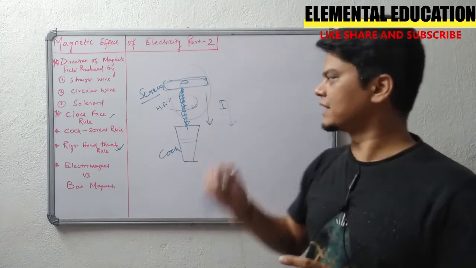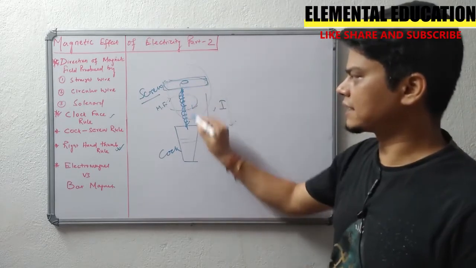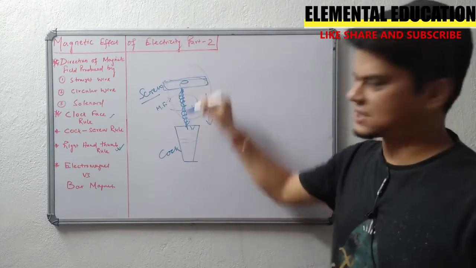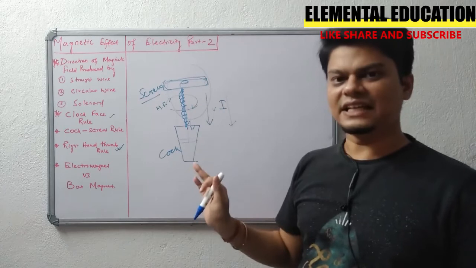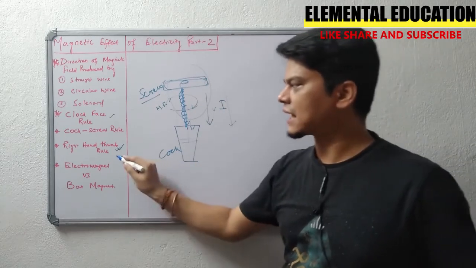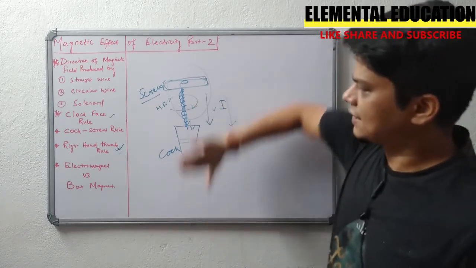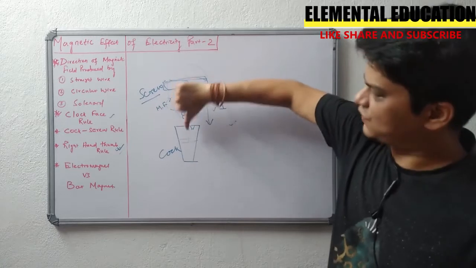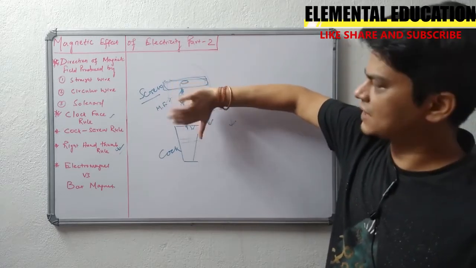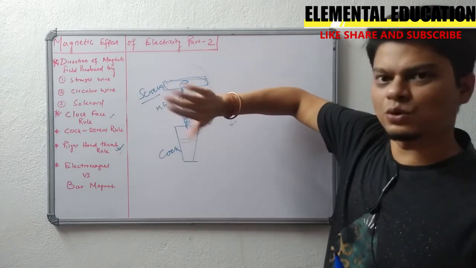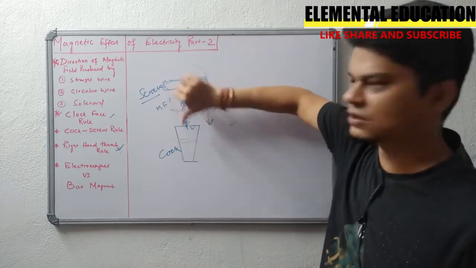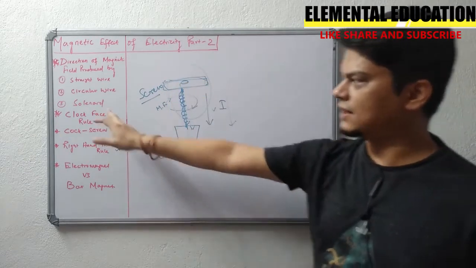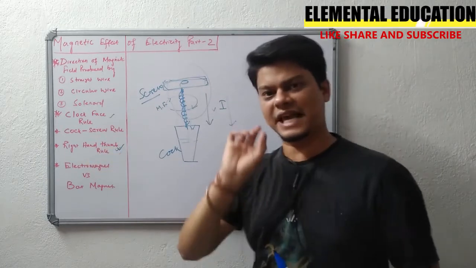The current flowing is the direction where the corkscrew is going inside the cork. The same thing we can demonstrate using right hand thumb rule. See, if this is the direction of current, then the enclosing fingers are the magnetic field direction from north to south. That means all these three rules say the same thing.